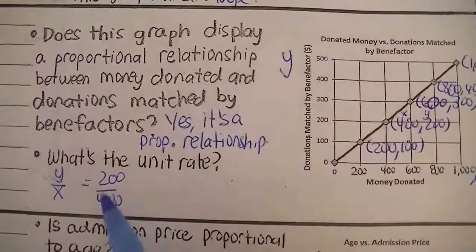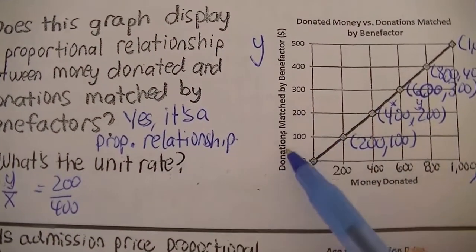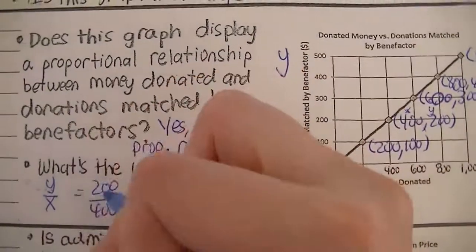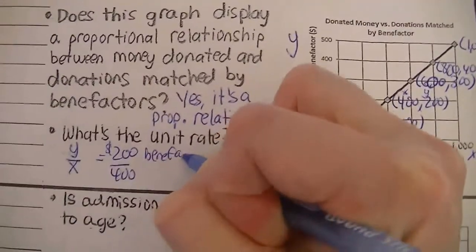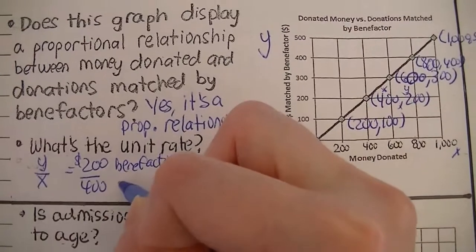Since there is a context within the problem, that 200 right there is the donations made by the benefactor. And then that right here is the money donated.